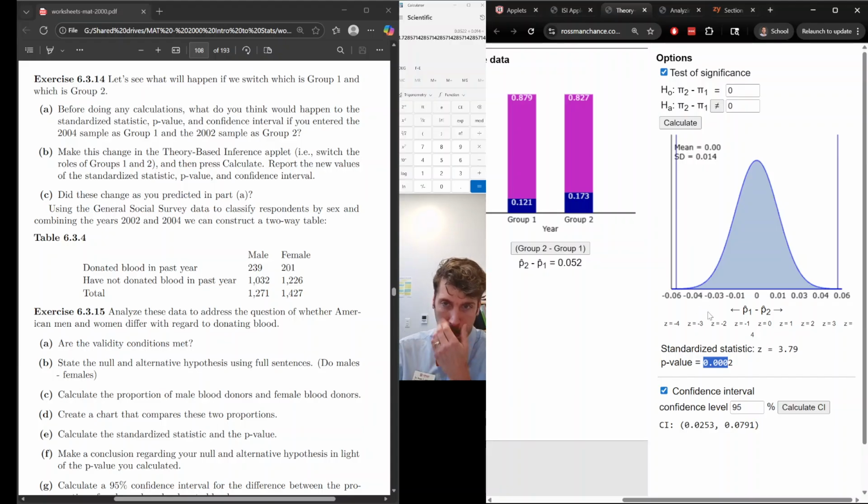Okay. So notice that my p-value did not change, but my z-score, my standardized statistic, was negative and now it's positive, and my confidence interval was negative numbers and now it's positive numbers. Okay, so part C is just, was your guess right or was it wrong? Okay.